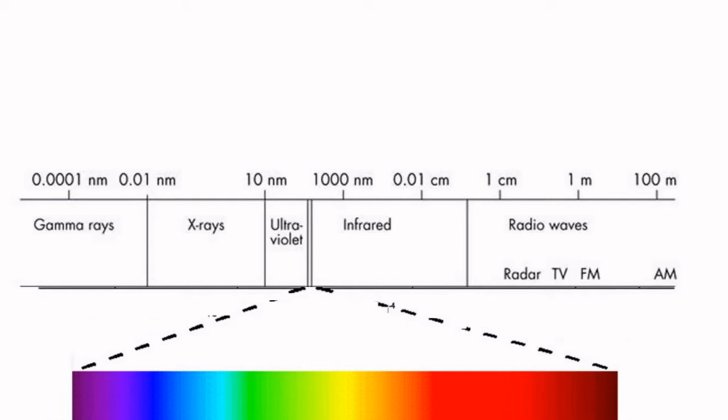Next to this, on the higher wavelength side, that is to the right hand side, we have infrared radiation. On the lower wavelength side, we have UV radiation. UV radiations are not visible to human eyes due to their lower wavelengths.